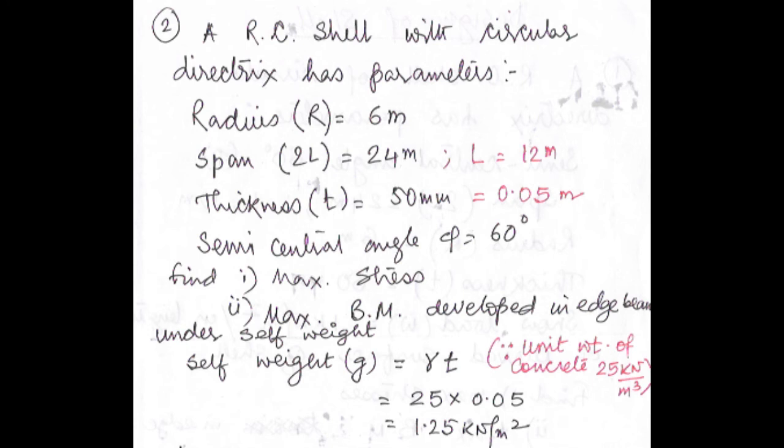So we get the self weight as 25 into 0.05, the thickness of the shell, that is 1.25 kilonewton per meter square. These are the given data, and from the span 2L we get L equal to 12 meter, and thickness 50 millimeter means 0.05 meter.